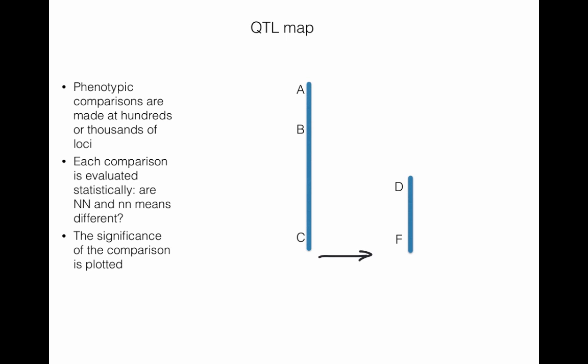So let's say that this is my axis on which I would plot increasing significance of association. As I plot this, it may look something like this. Perhaps I have a little peak here, it goes up and down, and then eventually as I approach A, we would get a peak that comes up and then comes down.